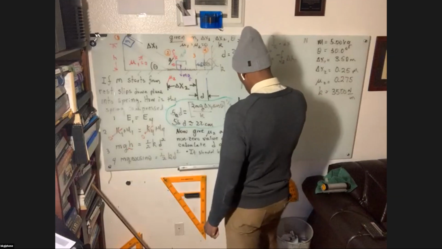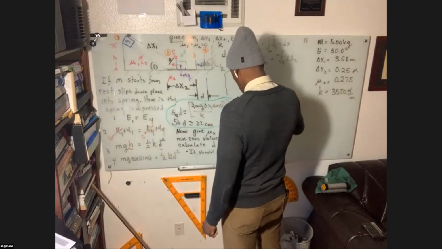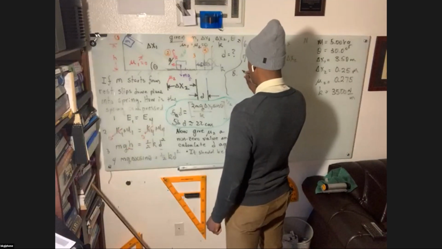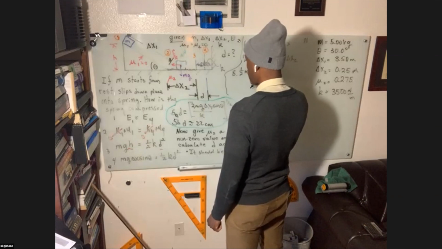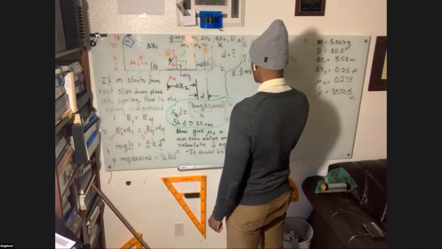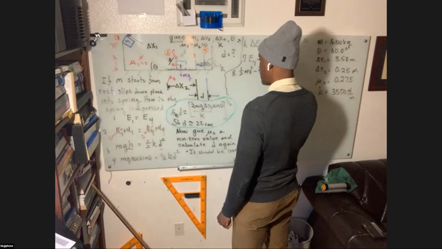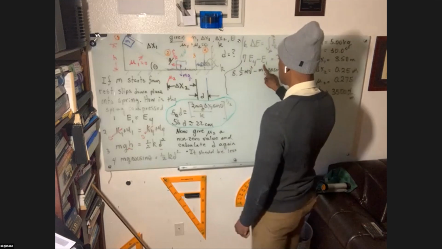So here we're going to still have, I'll write out the steps. So it would be 1/2 mv squared down there minus mgh, which is delta x, mg delta x sine theta for E1.